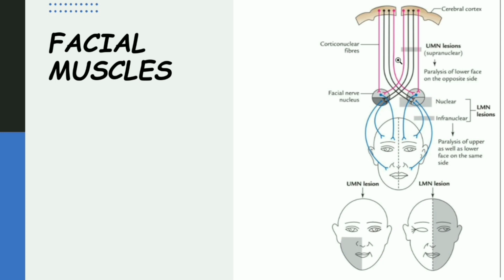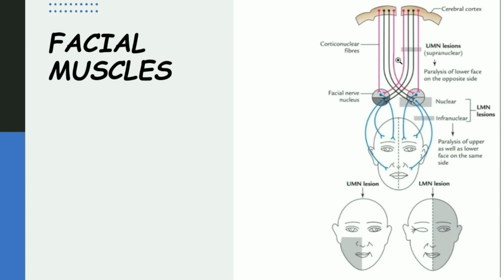So what happens when there is an upper motor neuron lesion? When there is an upper motor neuron lesion, the upper half of the face has same side innervation and opposite side innervation, so it will not be affected. It is the lower half of the face, which is innervated by opposite side fibers only. So when there is an upper motor neuron lesion, the lower half of the opposite side is affected.